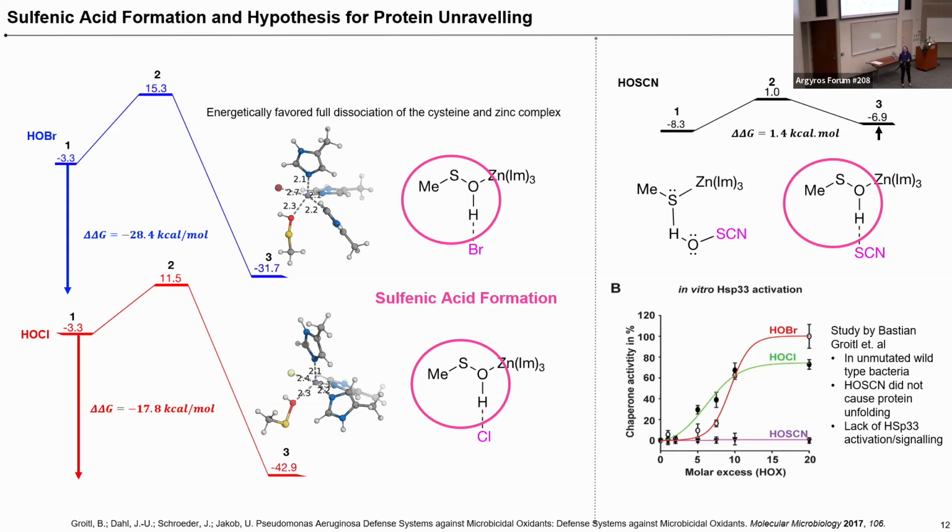However, there's a bit of a disconnect because a lot of times with the biological studies, it's more about population density than mechanism. So there's a bit of a gap. They have seen that all three act as bactericides. They've seen that there's a difference in HOSCN, but that difference has not been experimentally probed.